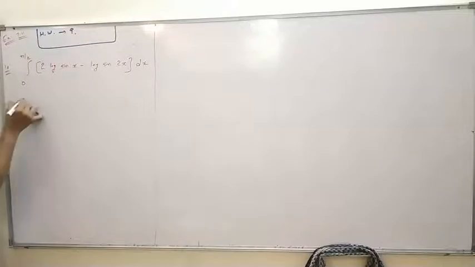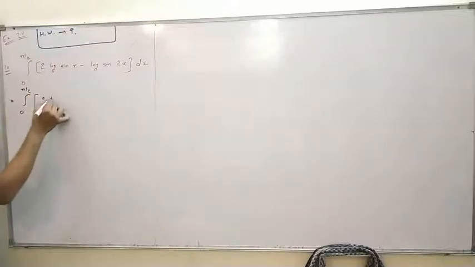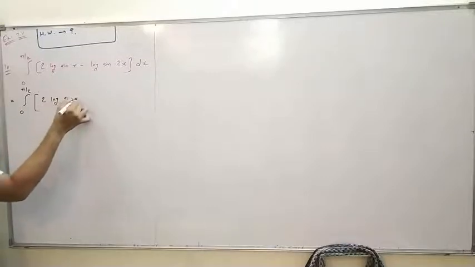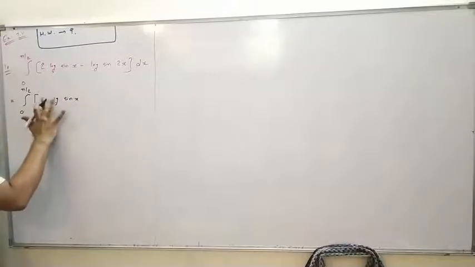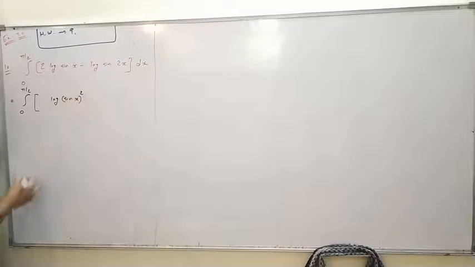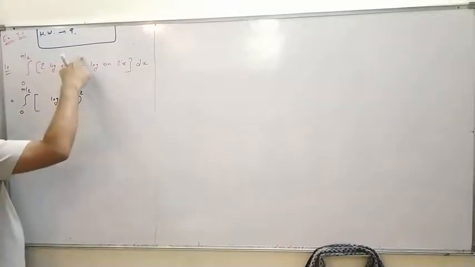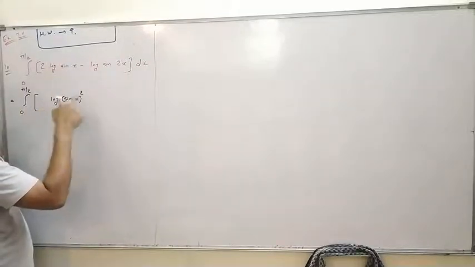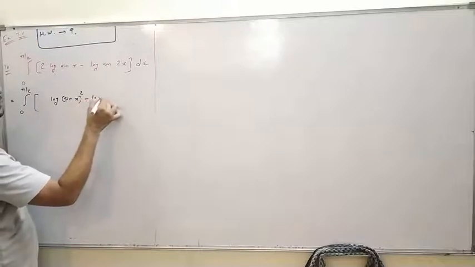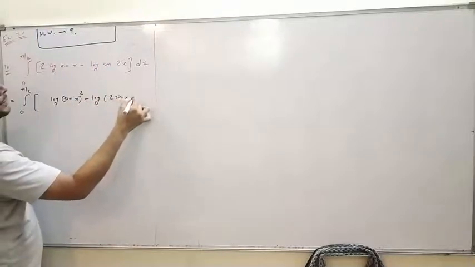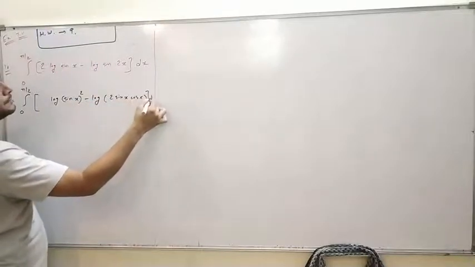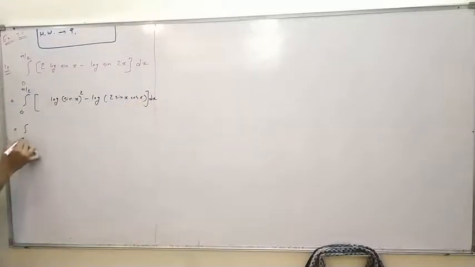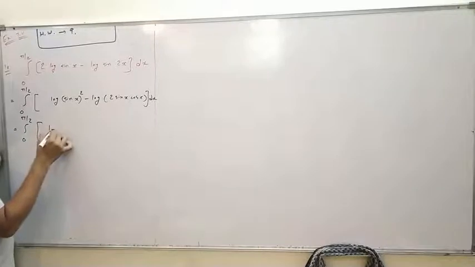So we can write 2 log sin x as log of (sin x) whole squared, because the 2 is a power, and a power inside a log comes in front of the log. Minus log sin 2x, which means 2 sin x cos x. Log minus log means we have to divide.